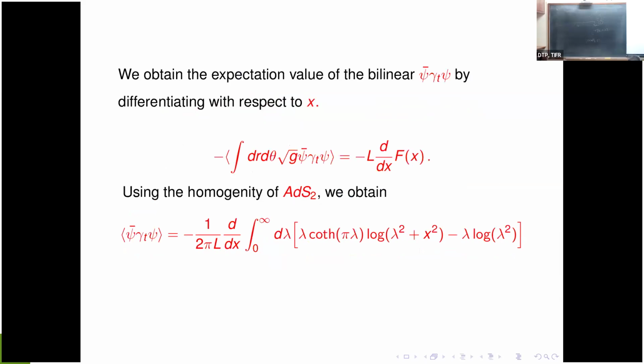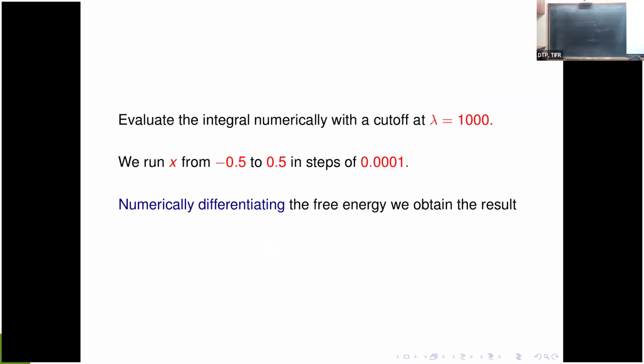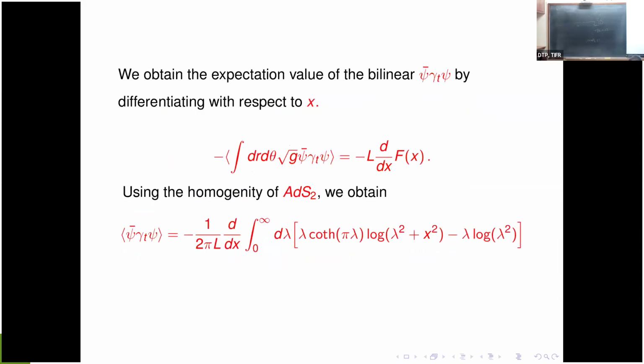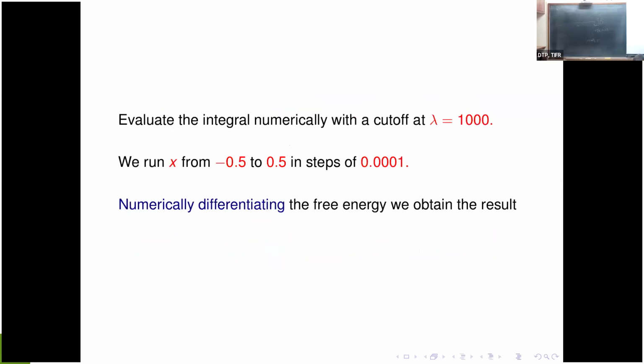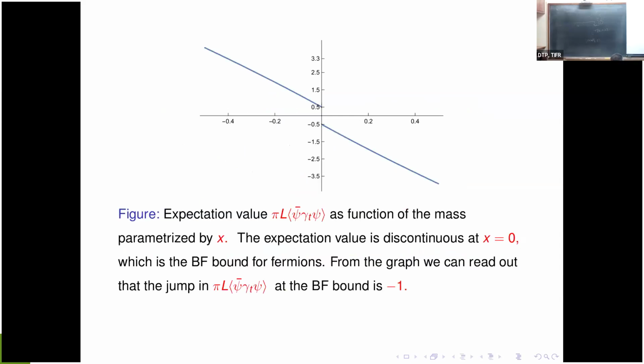Once we do this, we do the integral numerically, step by step, and differentiate the free energy numerically. And here, this is quite amazing actually. There's a step discontinuity in this expectation value at x equals 0, at the point when the mass changes sign.